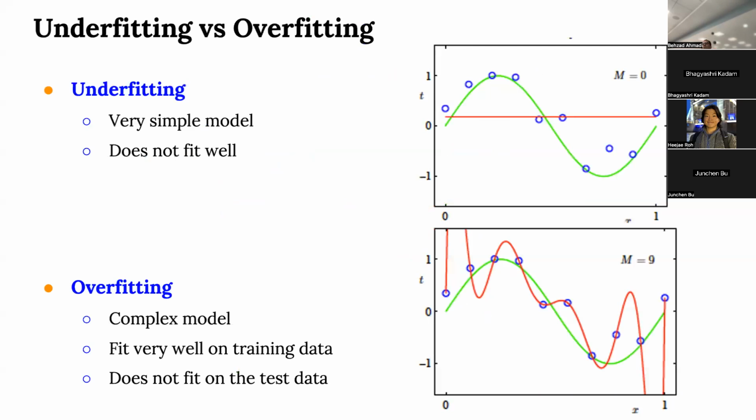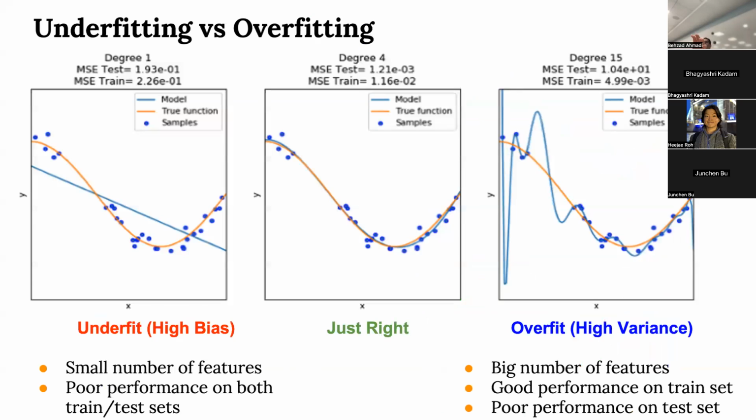So you can go from an underfit to an overfit. An underfit is a very simple model that does not capture anything, it's almost just a bias. And there's a spectrum, right? You go from a very underfit to a very overfit model. The overfit model is complex, fits very well on the training data, but does poorly on the test data. We talked about this at length in different courses.